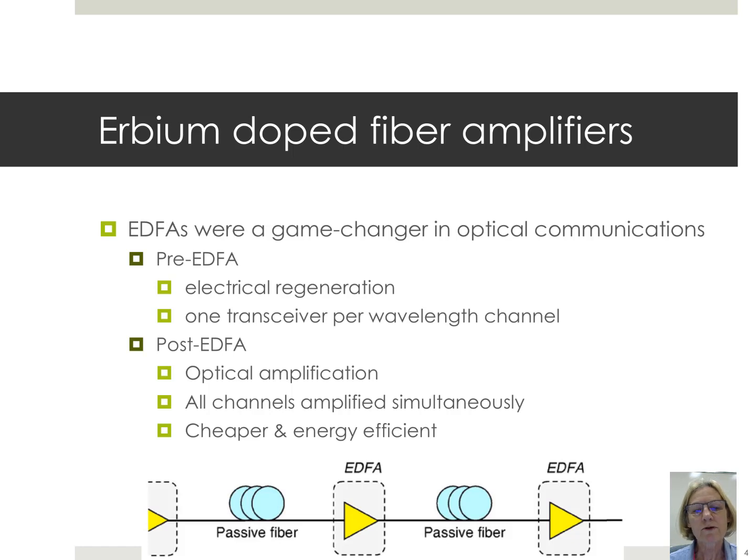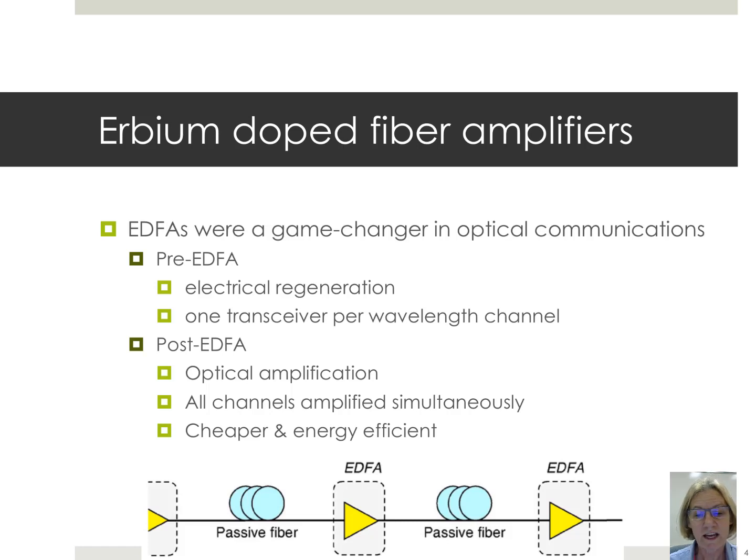However, when we went to post-EDFAs, we used an amplification in the optical domain, which meant we did not have to convert the signals from the optical domain into the electrical domain. And on top of that, the EDFA would have one device, one amplifier, which would amplify all of the wavelengths that were present in the fiber. So it was a way to take long links and make them really, really cost effective.